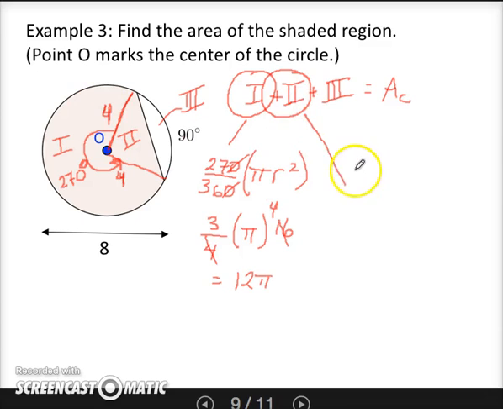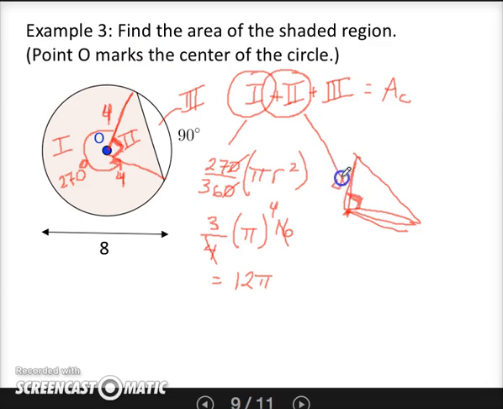Okay, now to find region 2. Notice that we're told the measure of this arc, which gives us the angle measure of this portion of the circle here. And 90 degrees is a right angle. So we are in luck because we have a right triangle here, and we know the legs are 4 and 4.